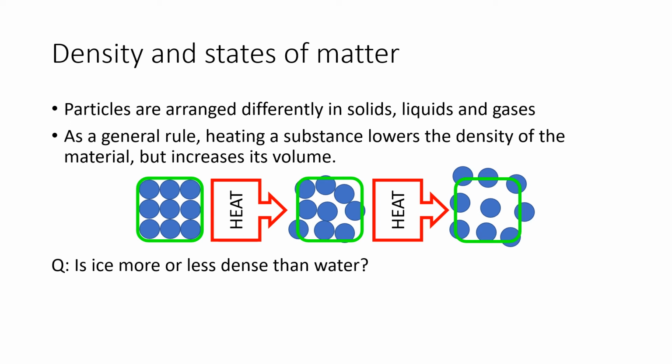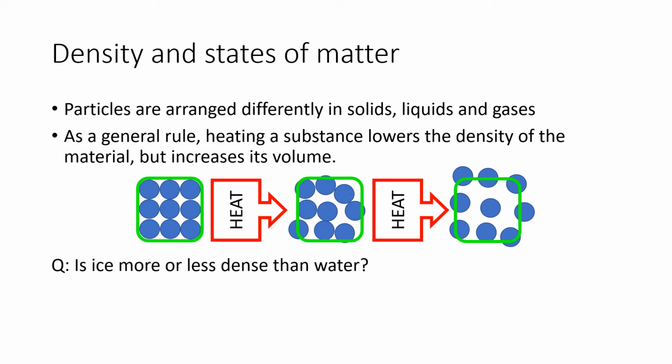We can talk about densities and we can tie it to the concepts of states of matter. As we heat up a solid into a liquid and a liquid into a gas, particles become more spread out. As they become more spread out, they increase in volume, which means that in the same volume, the green square, you can see that you have fewer and fewer particles as you heat that substance up to become a liquid, and then as you heat it to become a gas, there are fewer particles, the mass, inside the same volume.